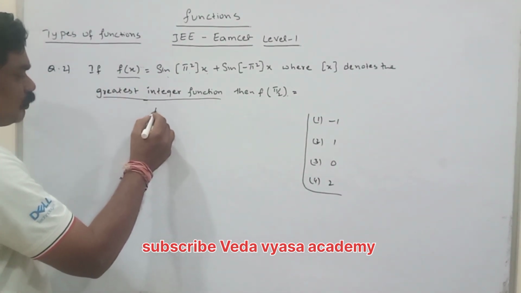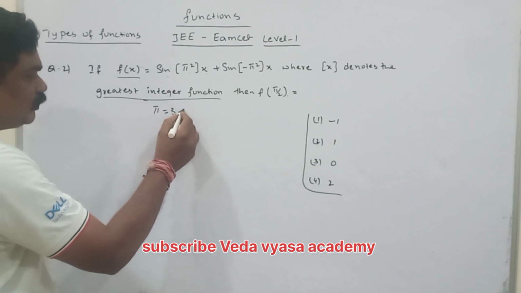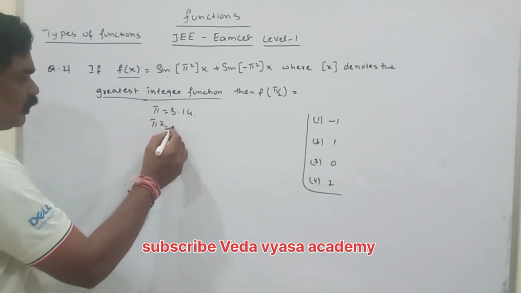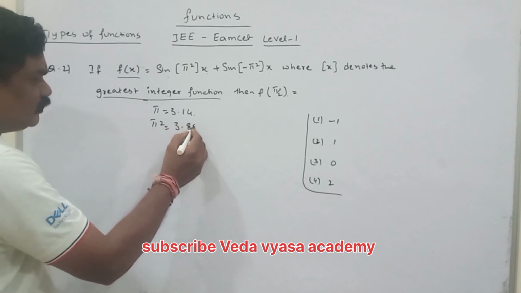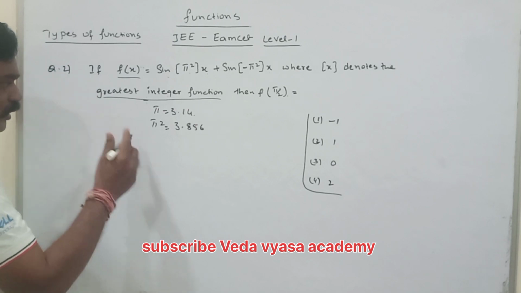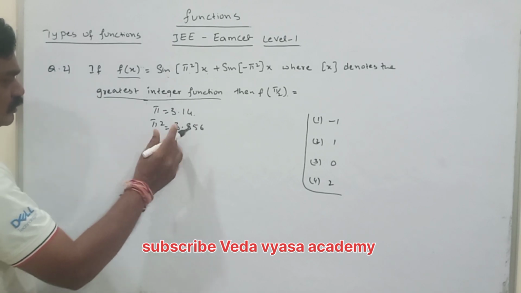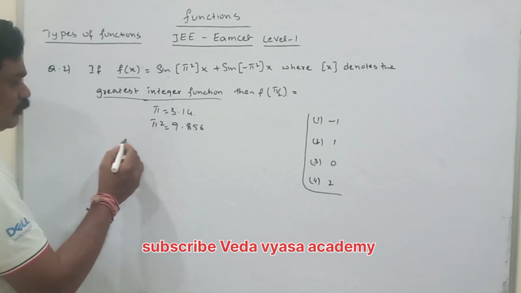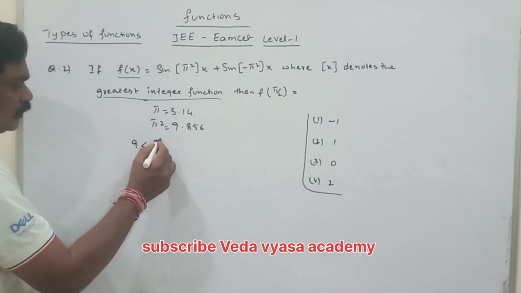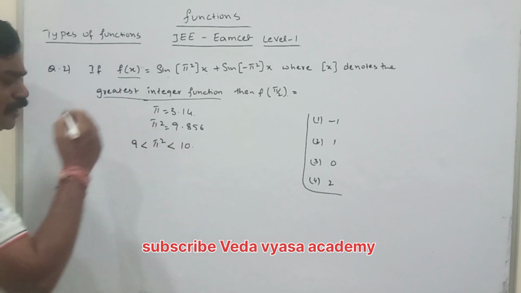Step pi square. Pi is equal to what? 3.14. Pi square is equal to what? 9.856 like this. So here pi square is 9 point something. That means 9 less than pi square less than 10.